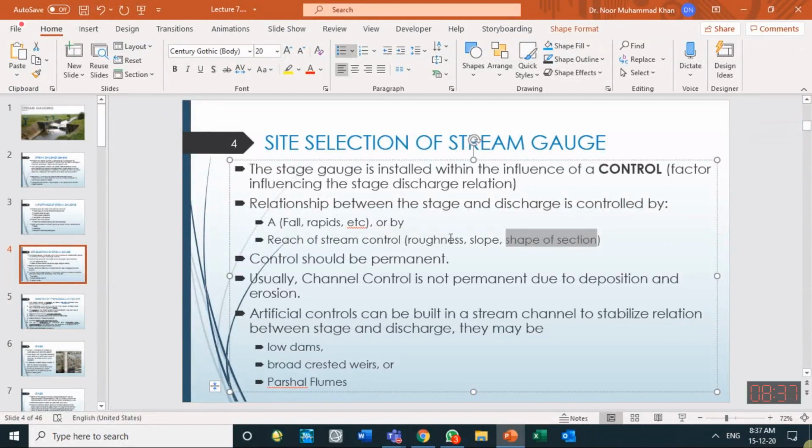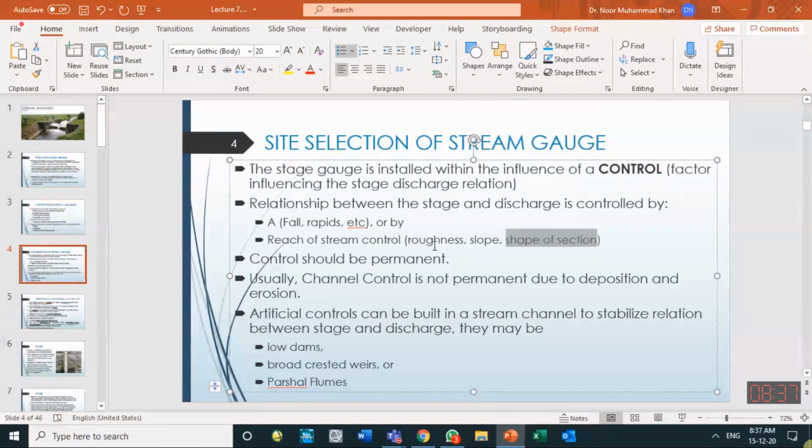So we should be clear that either a cross section will be controlling the discharge stage relationship or the reach will be controlling. These parameters are related to the reach. Reach means the length between two cross sections, a certain reach, a 10 kilometer length reach, a 100-meter length reach. So reach is the length of the channel, while a cross section is a local location, one site.